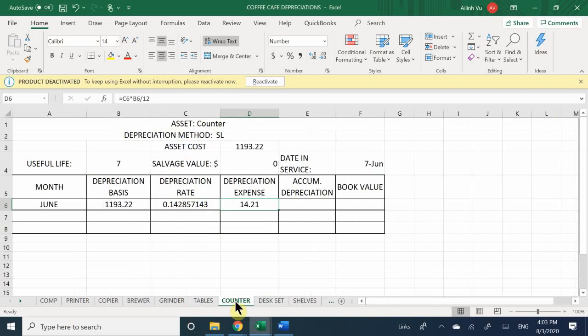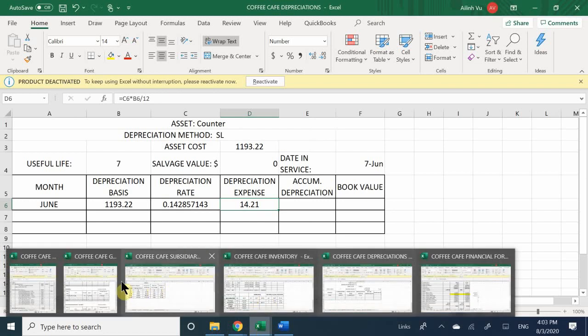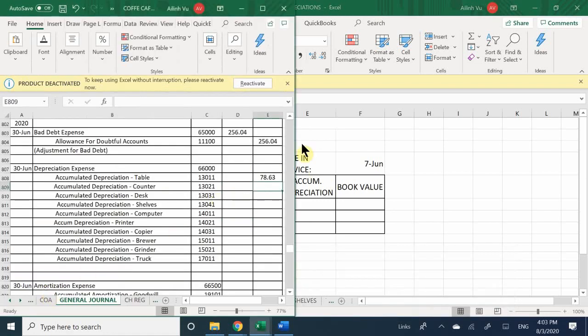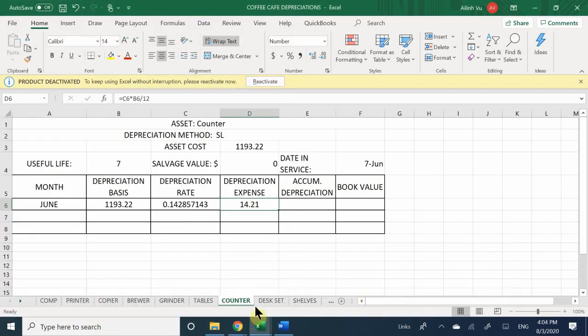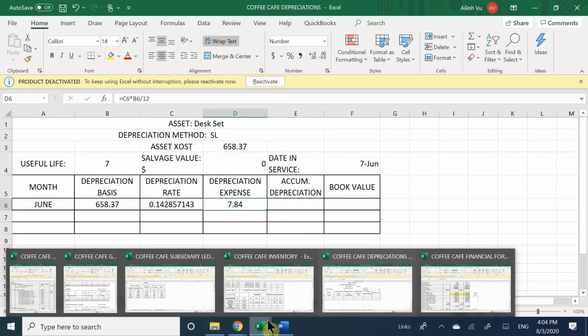Next is counter. Counter is $14.21. Okay. All right. Next one is for the desk set.